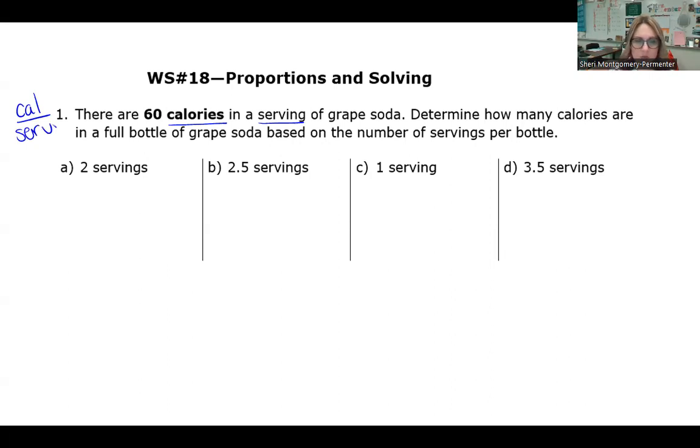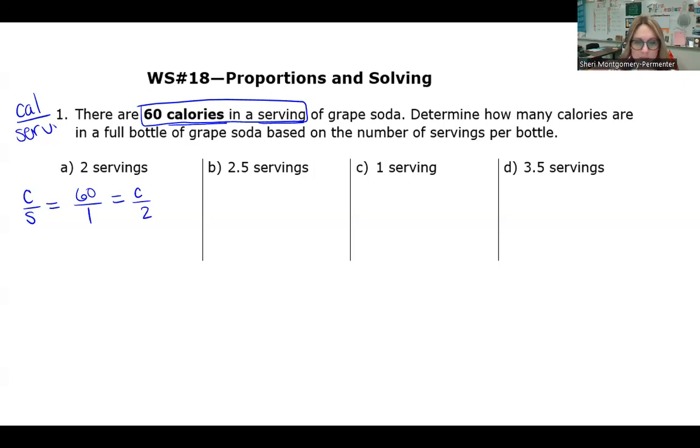That's fine. So for part A, if we're putting calories on the top and servings on the bottom, the original problem says that we have 60 calories in a serving. So we've got calories, 60 in one serving. So to set up the proportion, how many calories are we going to have in two servings? That's what we're solving for.